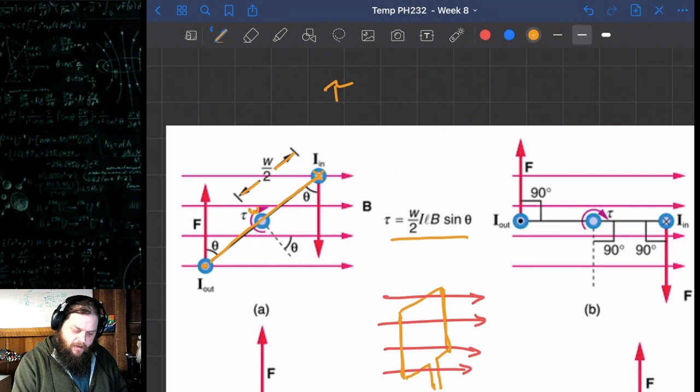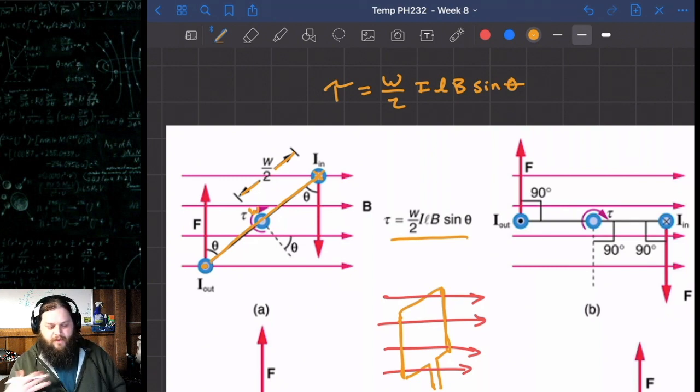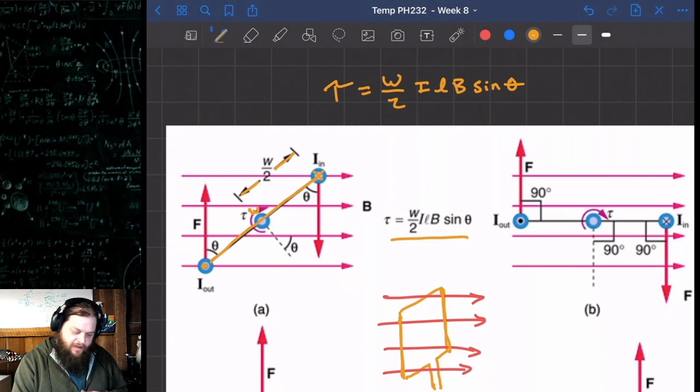So torque is going to equal the distance of that radius, that should be a 2, times the current I L B sine of theta. And again, theta as always is going to be the angle between, in this case, the wire itself, or the radius arm, and the force that's being acted on it, just like we had with torque previously.